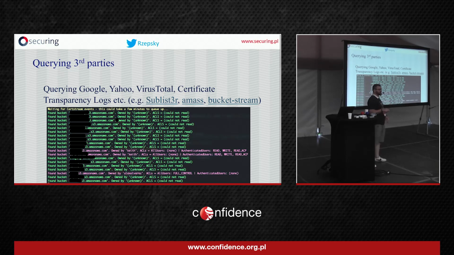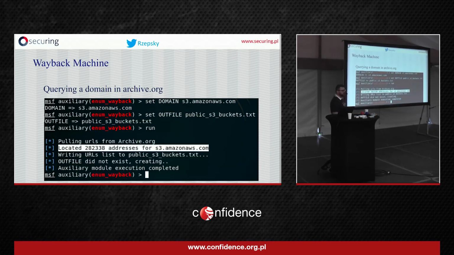Basically, the certificate transparency logs are a pool containing all the HTTPS domains. So if you create a new HTTPS domain, you can find it in the certificate transparency logs, which have an open API, and you can ask it. So it's a great source of subdomains. What is more, you can ask the Wayback Machine.